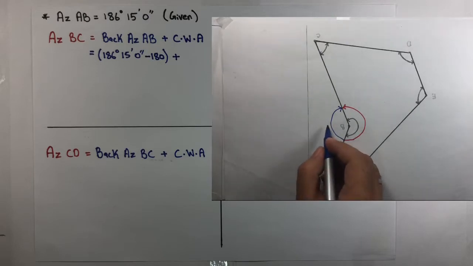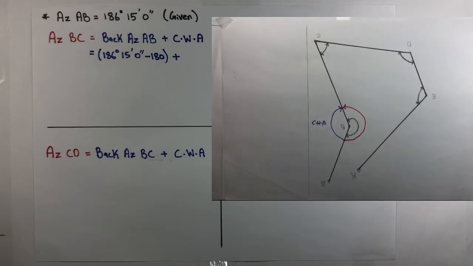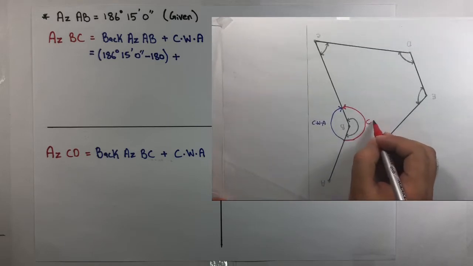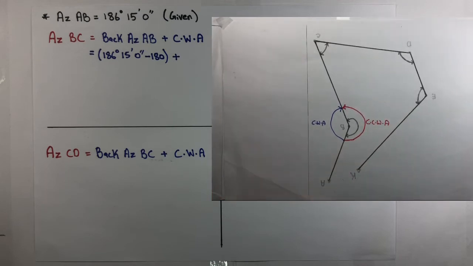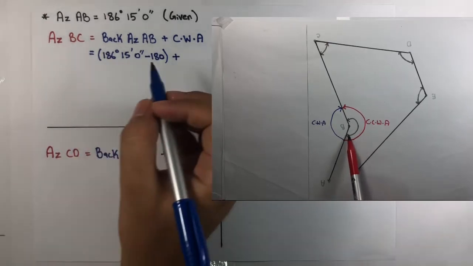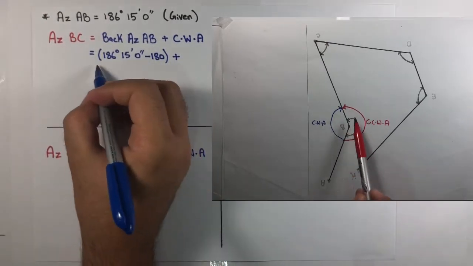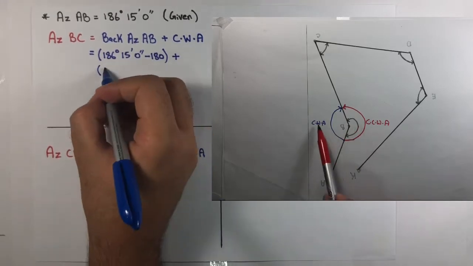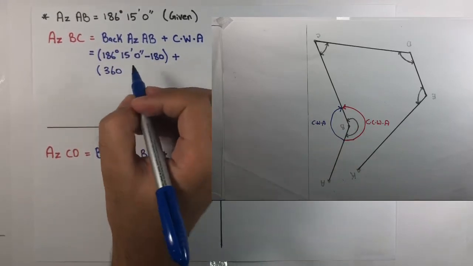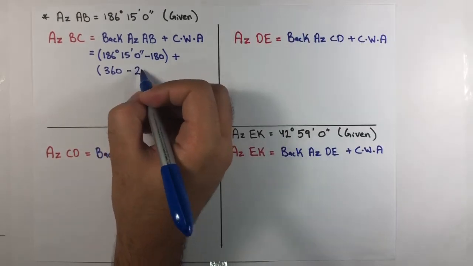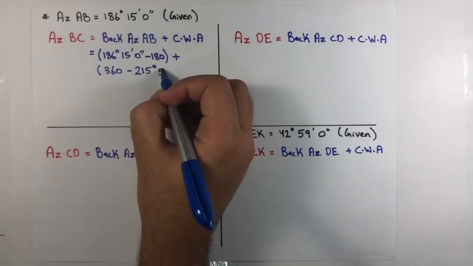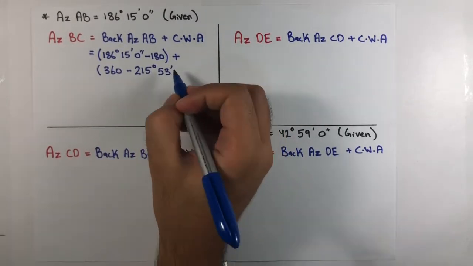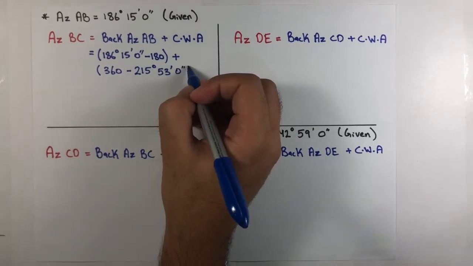We can understand that this one is the clockwise angle and the other one is the counterclockwise angle. We need the clockwise angle and the given angle is the counterclockwise, so 360 minus the given angle gives our clockwise angle. So 360 degrees minus 215 degrees, 53 minutes and 0 second.